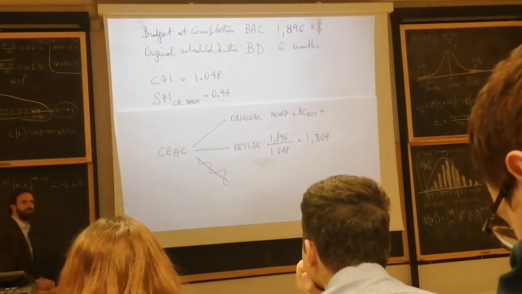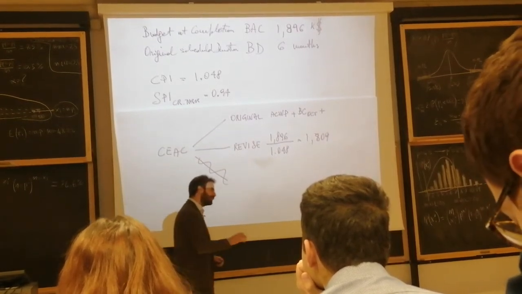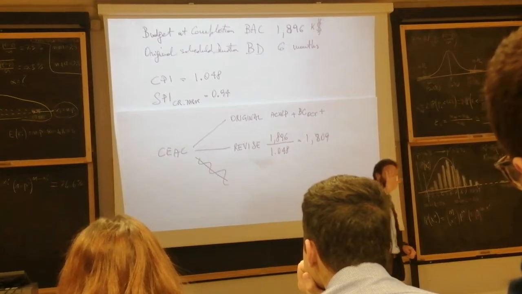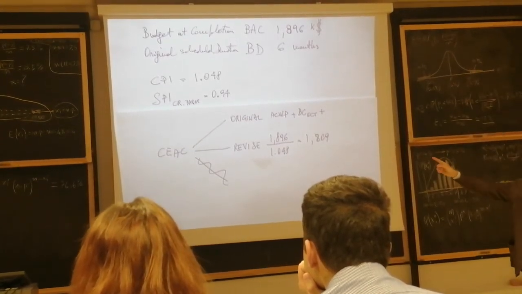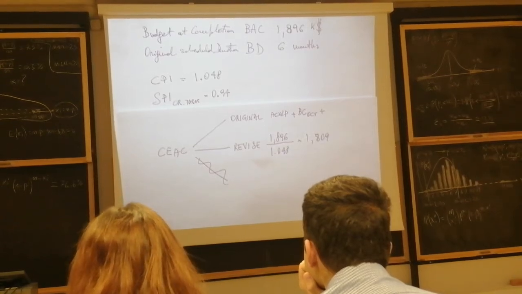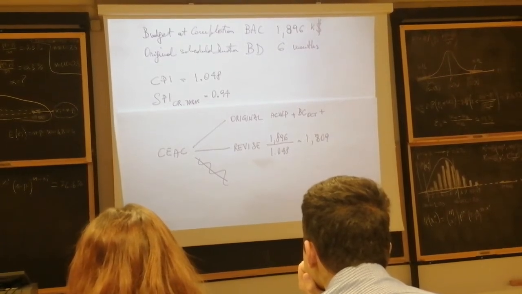What is the cost estimate at completion? If we write the original actual cost of work performed plus October value of the budget, is that enough?